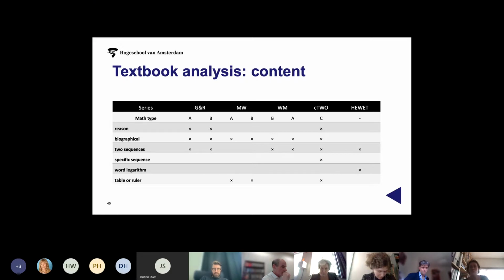Basically, all the chapters give some biographical information, except for the Hebet one. So you see there's a lot of difference here. I've also mentioned if it was mathematics A or B, and the C2 materials were mathematics C actually, but you can see the different choices that were made here by the different series.